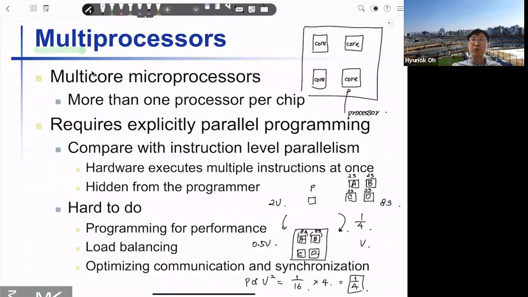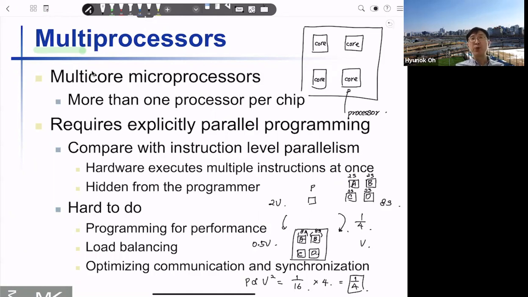If we add more processors, then we can reduce energy consumption and power consumption more. If we have 2 cores, then we can save energy by half. Okay, that's the asymptotic analysis.